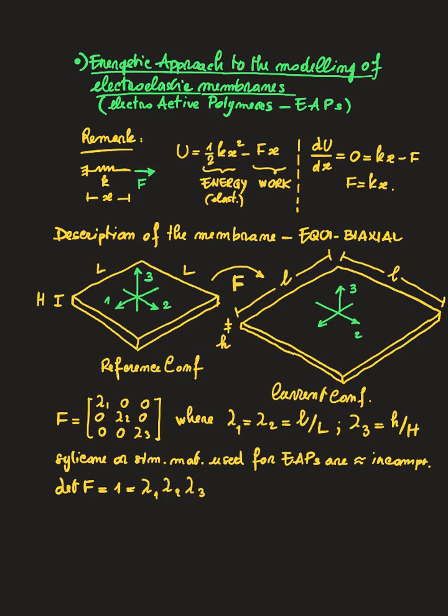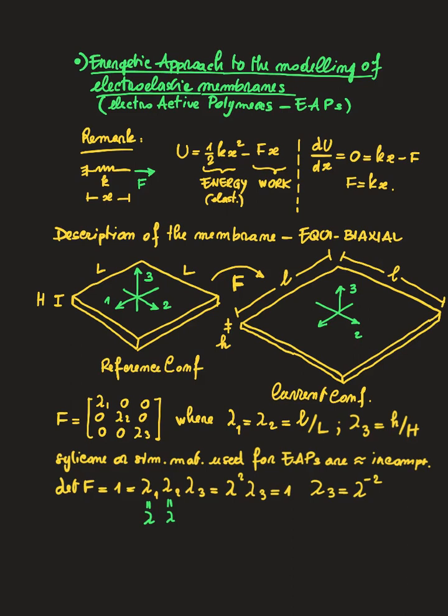Since I will be interested in the study of the planar deformation of this membrane, I set lambda 1 and lambda 2 equal to lambda. From this expression you get that the incompressibility condition gives lambda squared times lambda 3 must be equal to 1. So lambda 3 must be equal to lambda to the power minus 2.